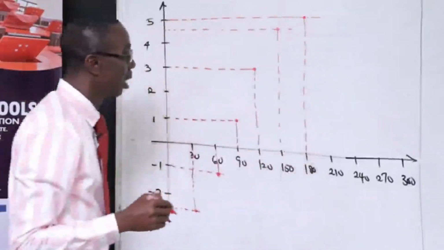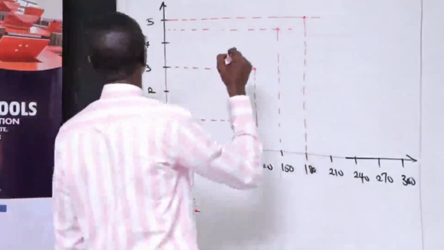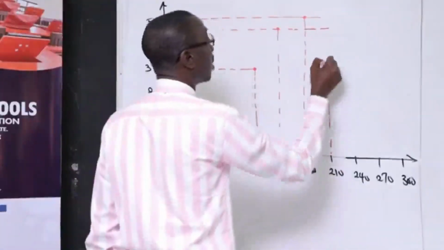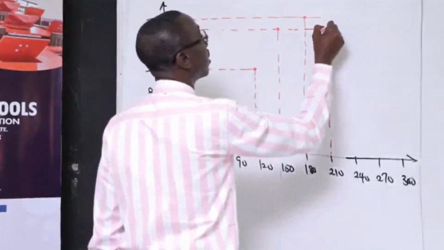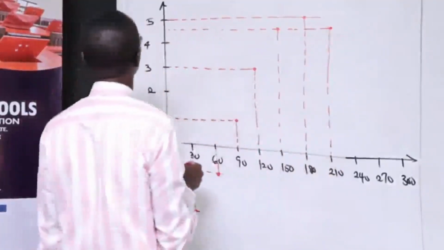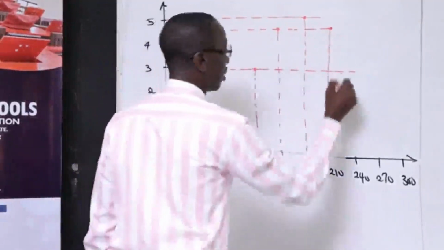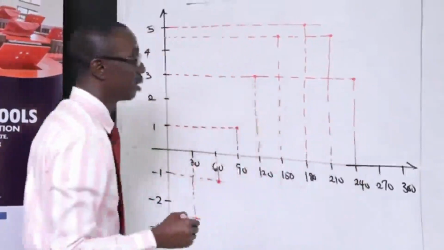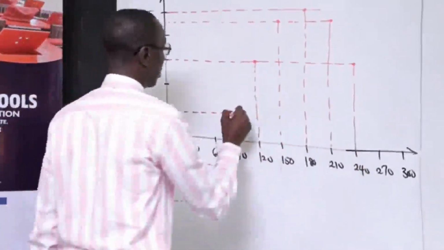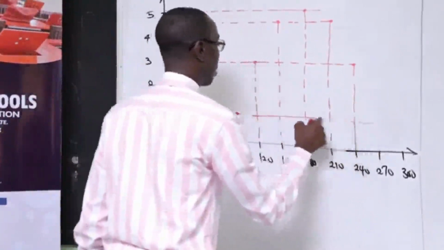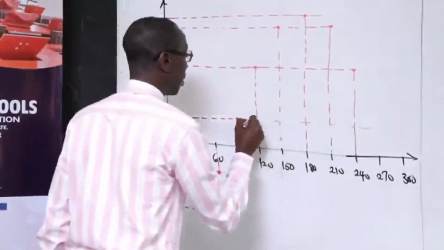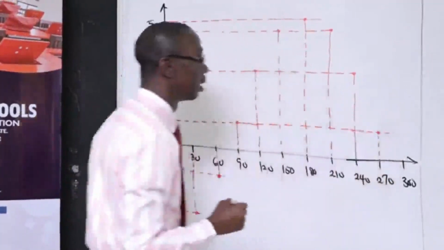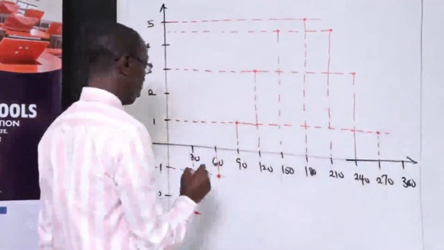Yes? 210, 4.5. Yes? 240, 3.0. Yes? 270, 1.0. Yes? 300, minus 1.0.